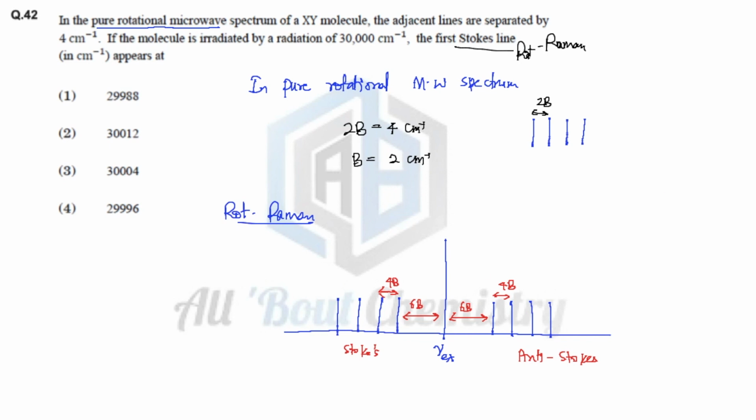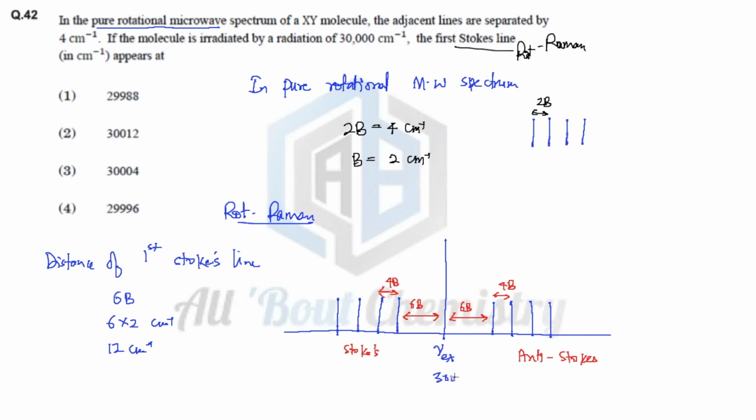So for this question, you know the Rayleigh line is over here, and you calculated the value of b. Now they have asked where the first Stokes line will be. So the distance of the first Stokes line will be 6b, that is 6 into 2 centimeter inverse, which means 12 centimeter inverse. Obviously Stokes lines are on the left side of your excitation frequency.